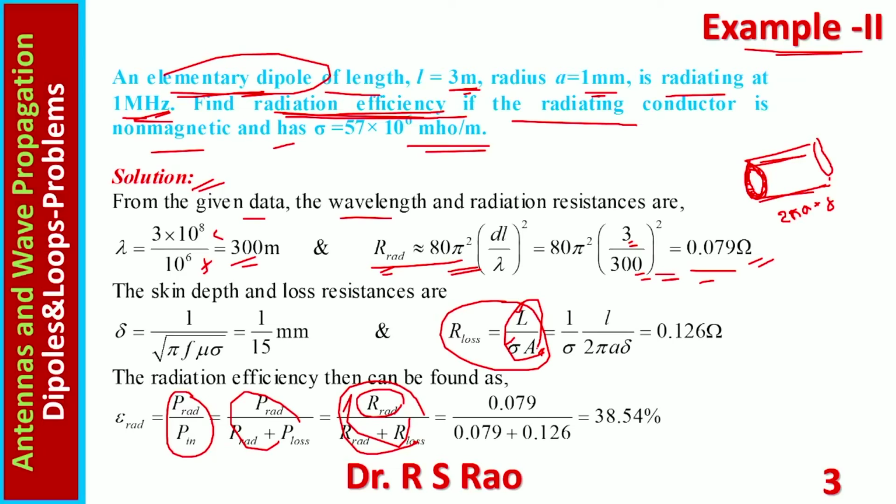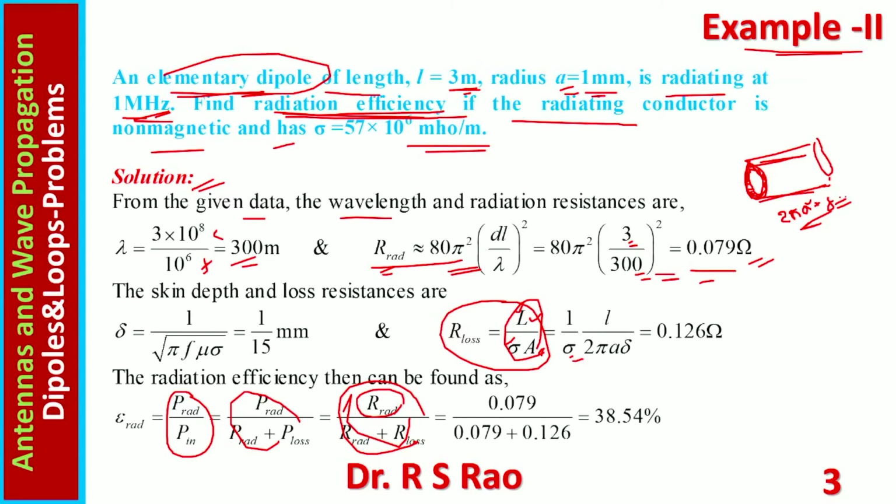To use this formula in the present context, we have to substitute 3 meters for capital L, 57 into 10 power 6 for sigma conductivity, and 2 pi a into delta for area. Small a is given, it is a radius 1 mm, and delta is required.